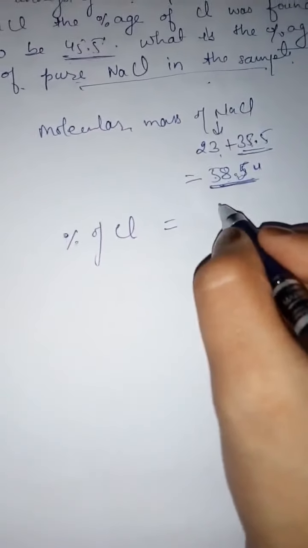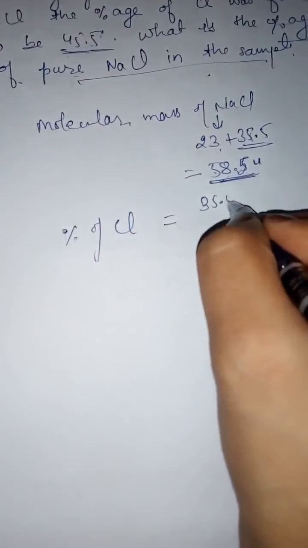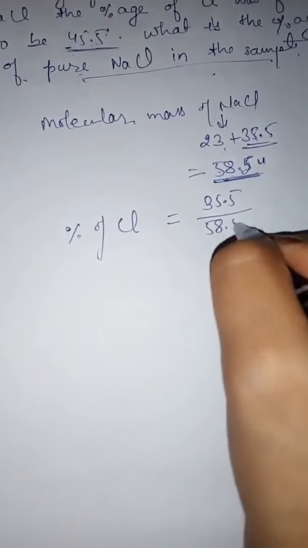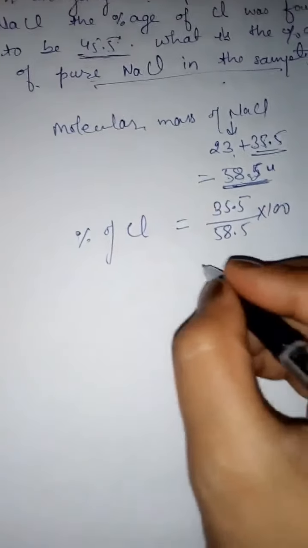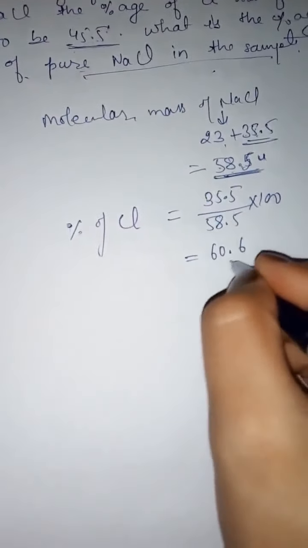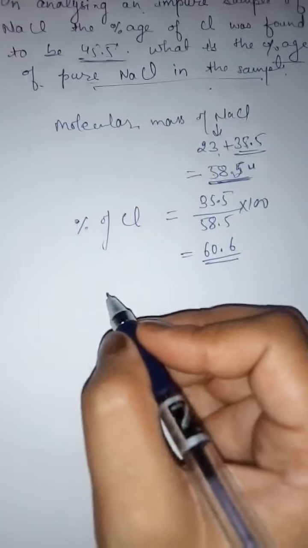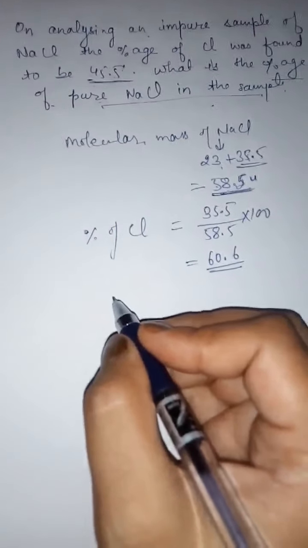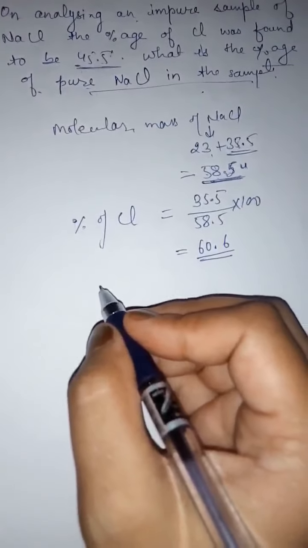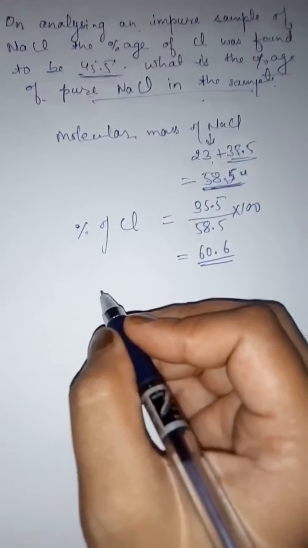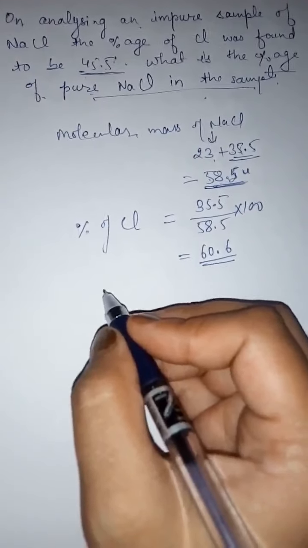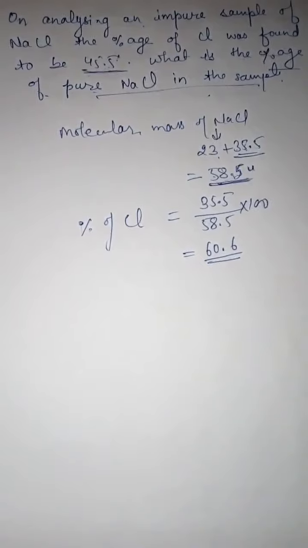So the percentage is 35.5 divided by 58.5 multiplied by 100, it will come 60.6. So if we think that in 100 parts of NaCl, chlorine is 60.6 parts.